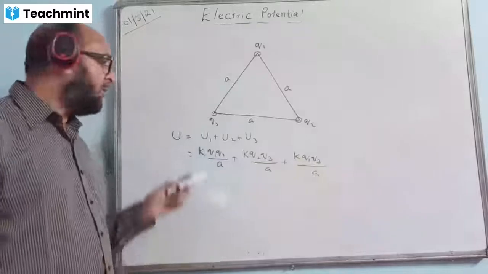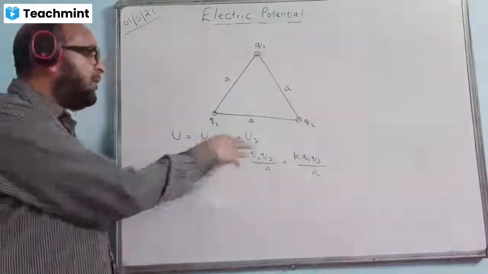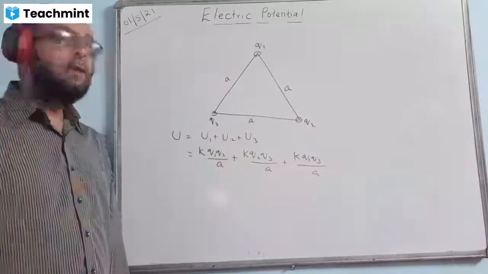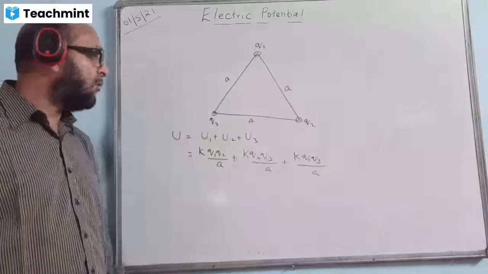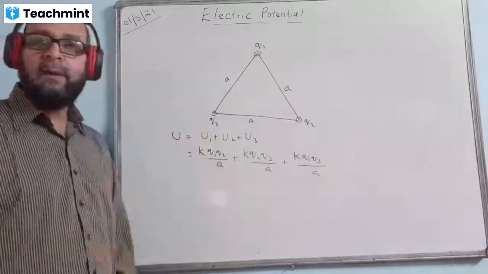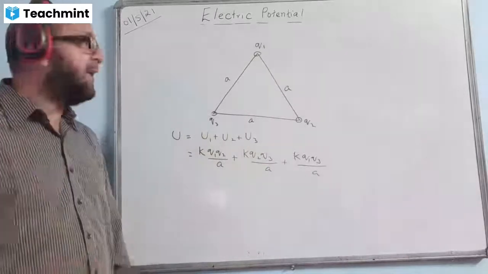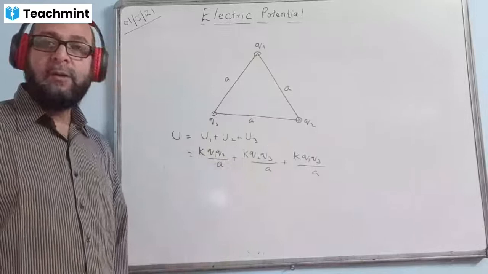This is the answer. You can take K by A common, then in the bracket Q1 Q2, Q2 Q3, Q1 Q3. If they give some numerical value, say 2 microcoulomb, 3 microcoulomb, we can put these values and multiply and find the answer. If any charge is given negative, suppose this Q2 is negative, you have to take the negative sign of the charges also.